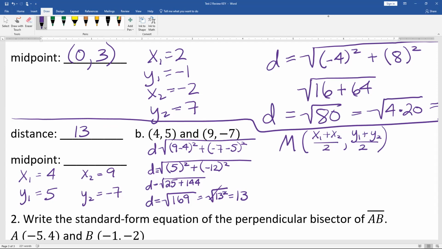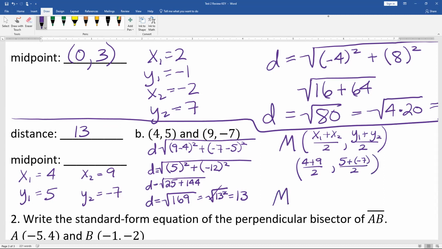All right, so we can just go ahead and plug that in and solve it. So x1 is 4 plus x2, which is 9, over 2. Y1 is 5, y2 is -7, divided by 2.